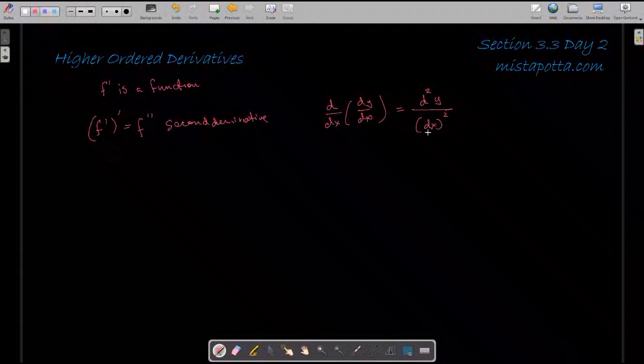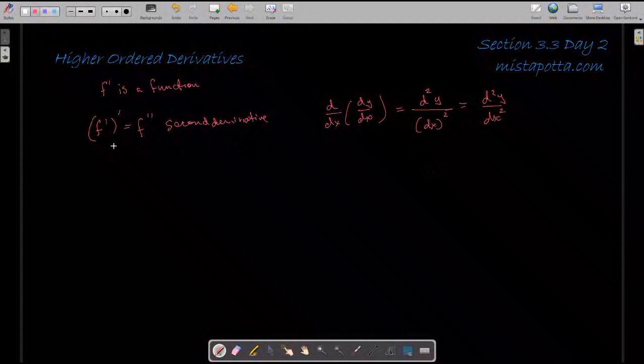So this is d squared y over dx squared. Of course, for laziness purposes, we do tend to write this as d squared y over dx squared.